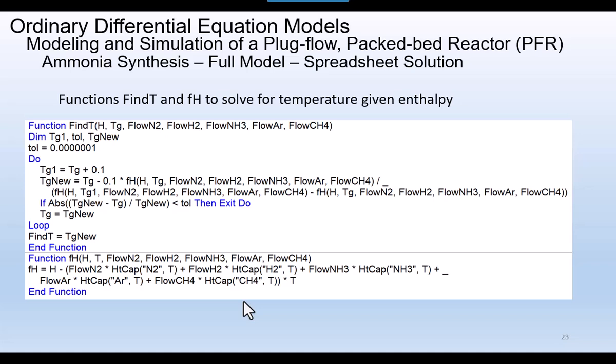And then we have our VBA routines, the find T routine to solve the enthalpy balance for the correct temperature, all right, using the modified secant method to drive the enthalpy balance to zero.